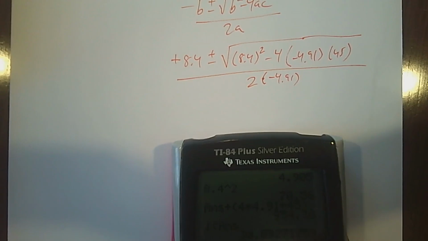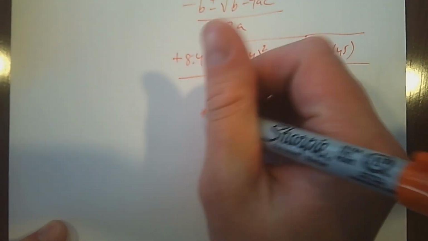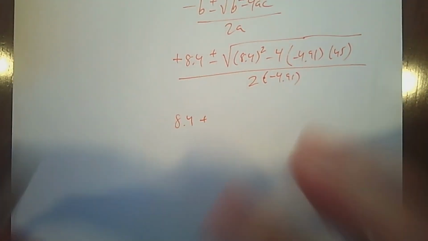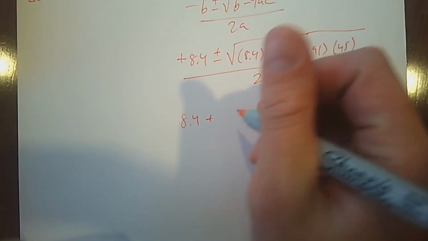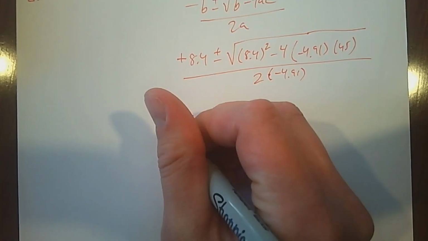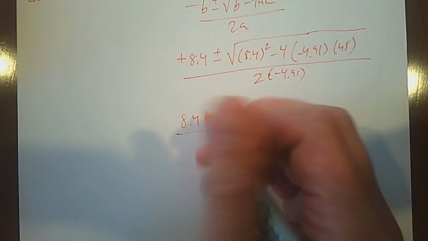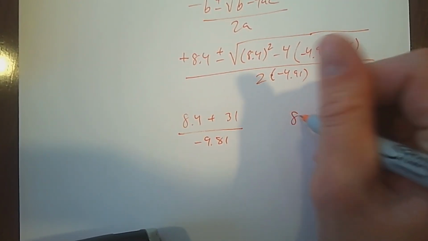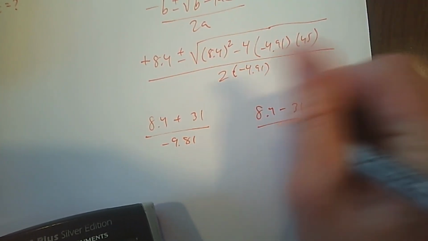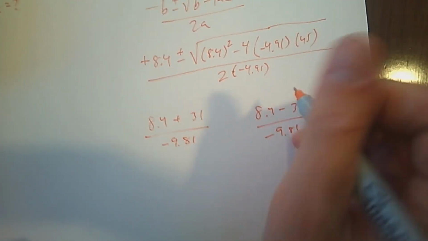So our first option will be 8.4 plus 31, divided by 2 times negative 4.91, so divided by negative 9.81. And our next option would be 8.4 minus 31 over negative 9.81.